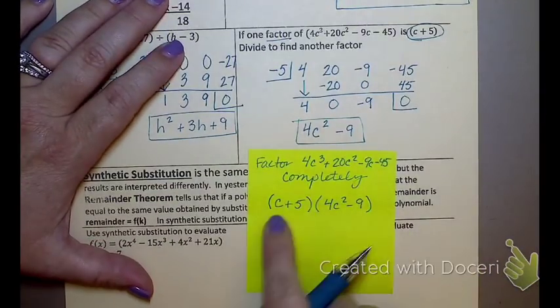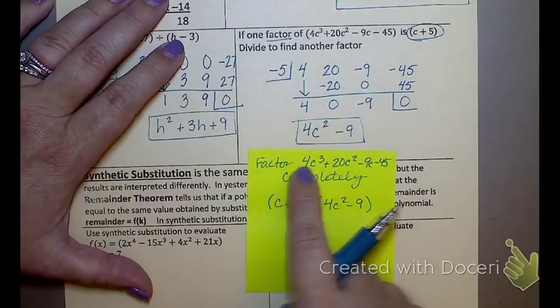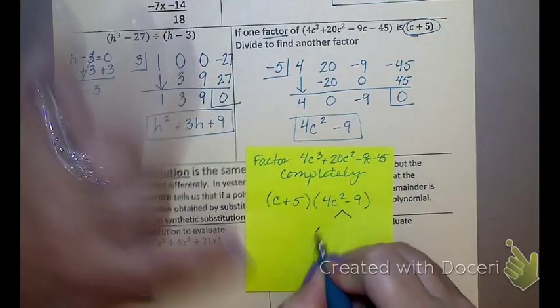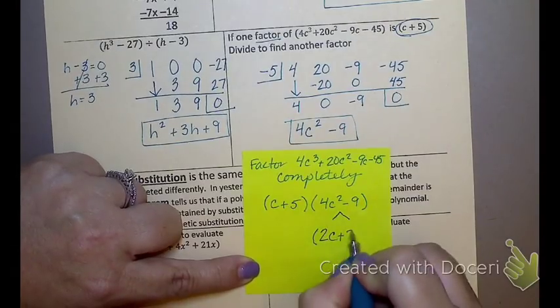Meaning if I multiplied that out, I get that. Is it factored completely? No. That's a difference of squares.